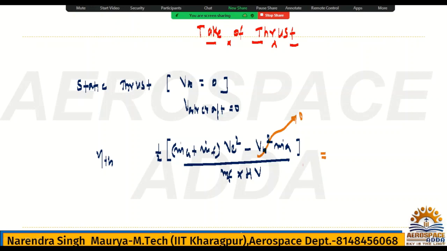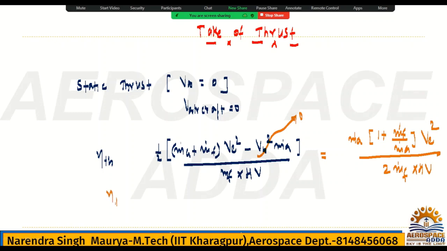So what you will have? We can take m dot a common, so you will have 1 plus mf by m dot a, into V exit square divided by 2 times m dot f into hv.